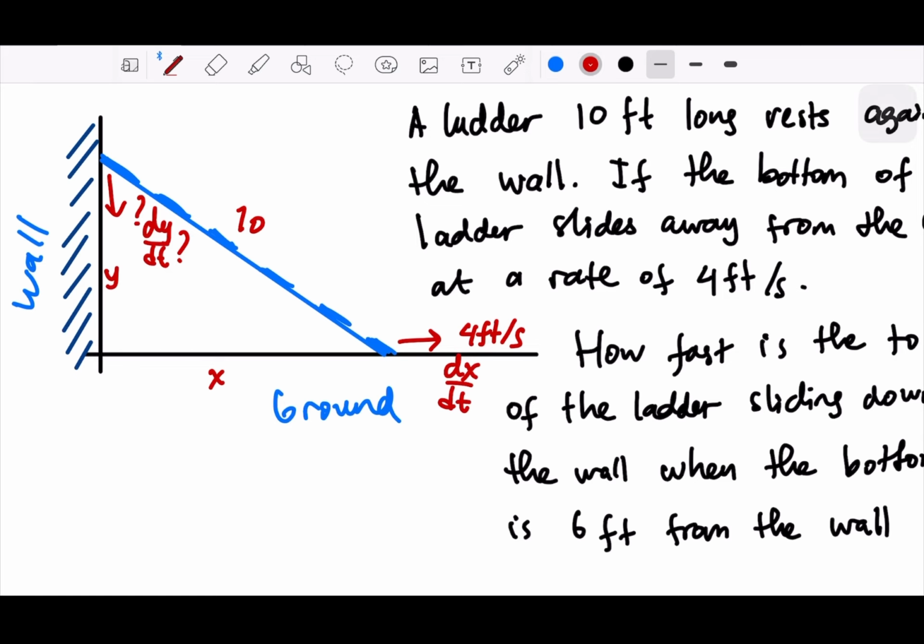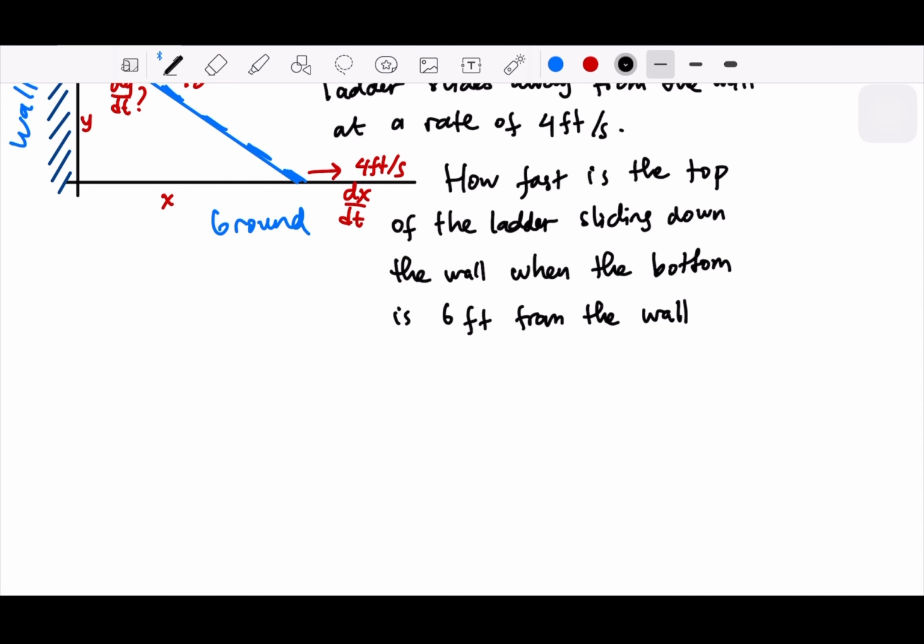Now we are connecting x, y, and 10. And again, do not put in the constant. To connect x, y, and 10, we can just use the Pythagorean theorem, so we have x squared plus y squared equals 100.